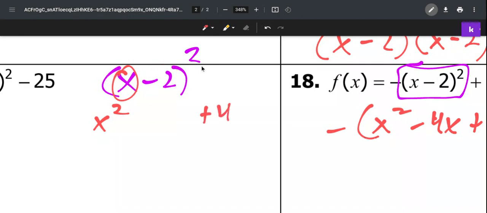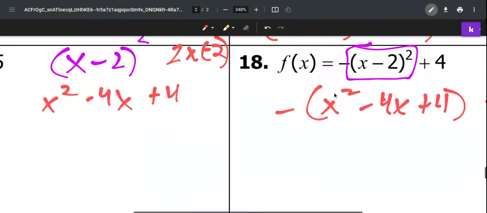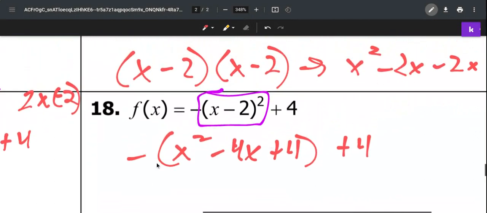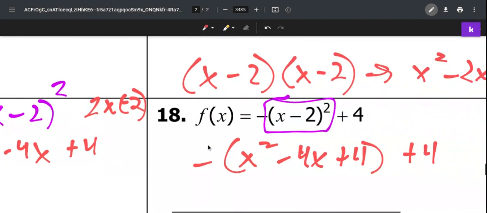Leave a space in the middle, and then you take 2 times x times negative 2. So you take your first term times the second times 2. And this would give us minus 4x, which is exactly what we ended up with over here. So either way you do it, you either have to FOIL it or use this method. I don't care. Either way.